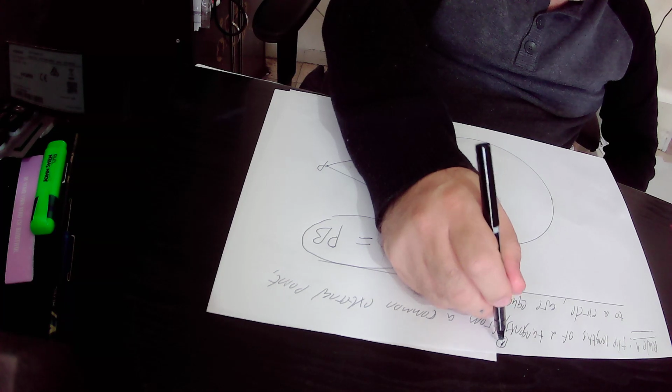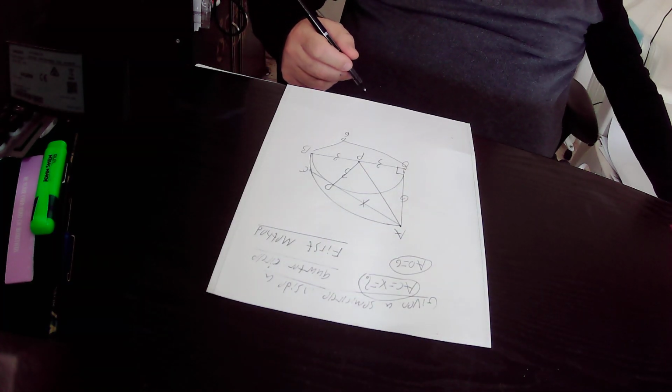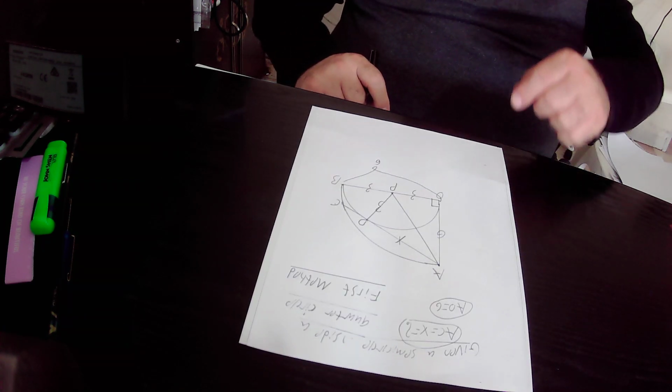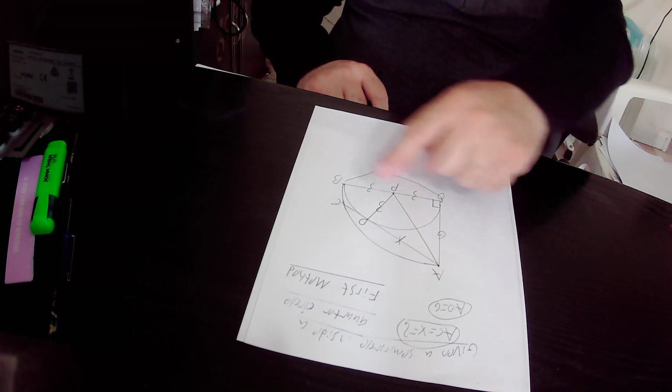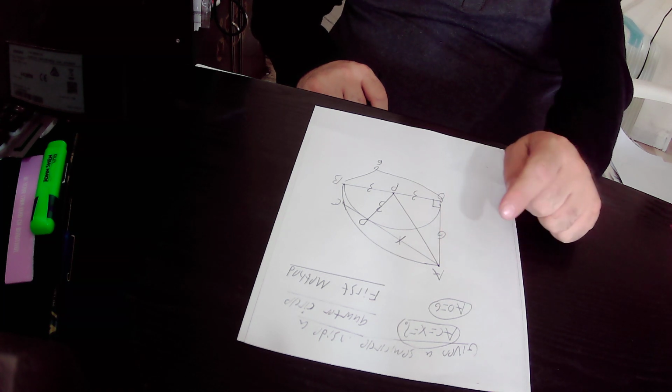So we can implement rule number 1 in our drawing. In our drawing, we have here the common external point, point A. Point A is the common external point in relation to the semicircle. It is located outside of the semicircle.